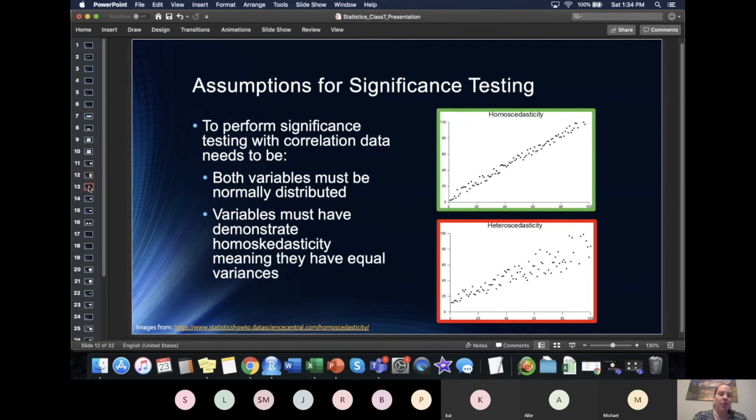Okay. So in a lot of cases, assumptions or rules aren't important. I recommend paying attention to them because they really do make a difference. If you run a statistical test when you shouldn't be, you are going to have biased results, and they might not be just biased by a little, they're going to be biased a lot. So in a lot of cases, you're going to have to make a judgment call.